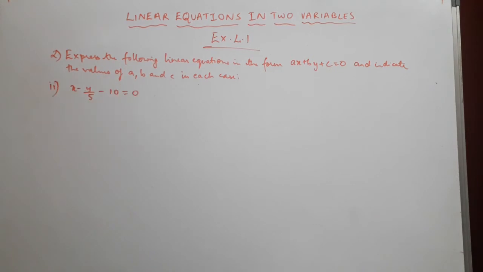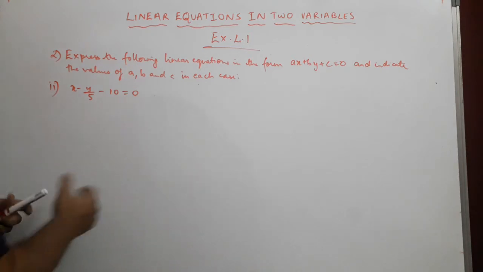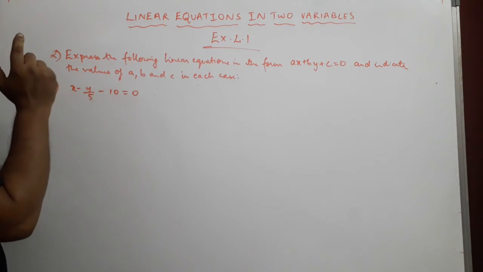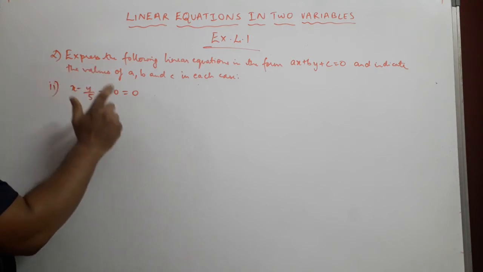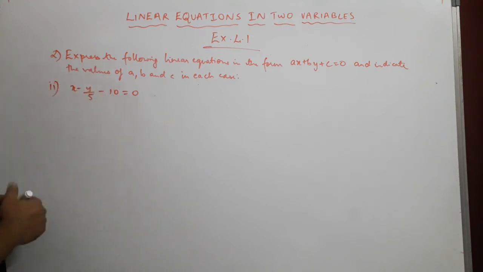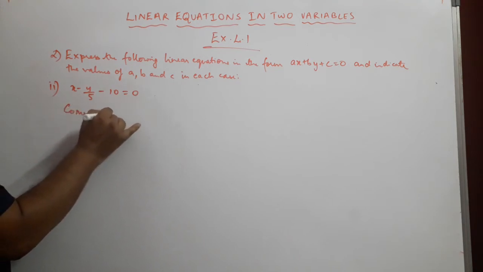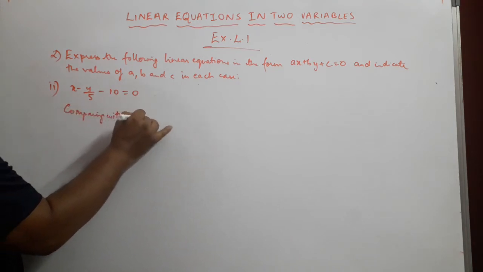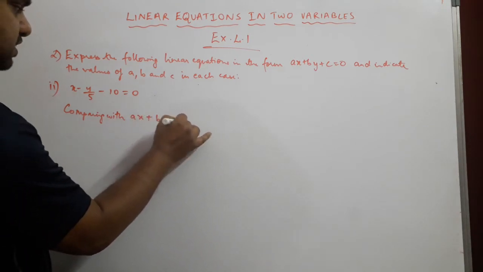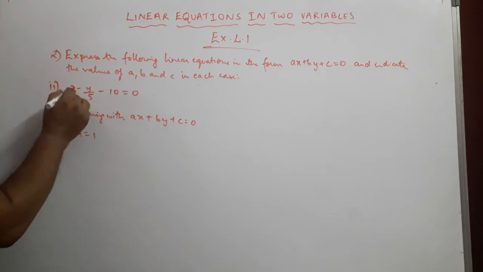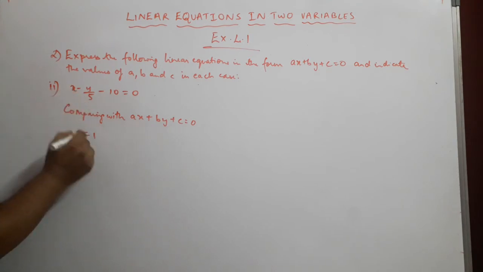Next problem says x minus y upon 5 minus 10 equal to 0. So I don't have to bring anything on the left hand side. All the values, that is x variable, y variable and also the constant, are all on the left hand side. So we compare it with the general form, that is ax plus by plus c equal to 0. What we get is a is equal to 1 because the coefficient of x is 1 over here.